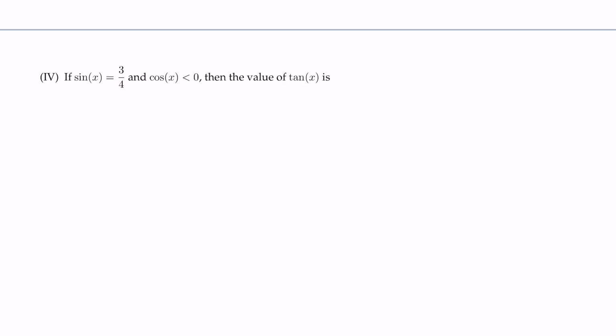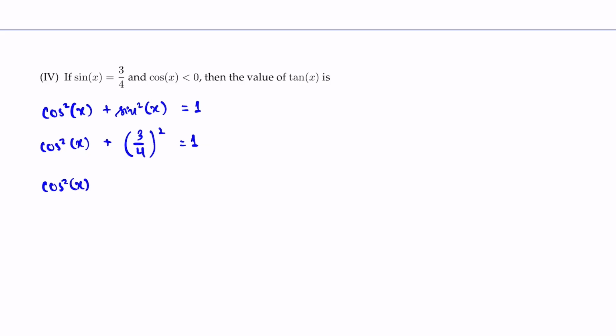So for this type of problem, you're going to see a couple of them later on in this note, you always start with the Pythagorean theorem, that is cosine square of x plus sine square of x equal to 1. You know the value of 3/4, substitute that into the equation.